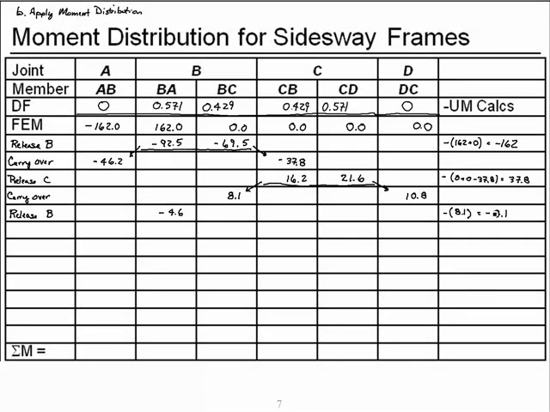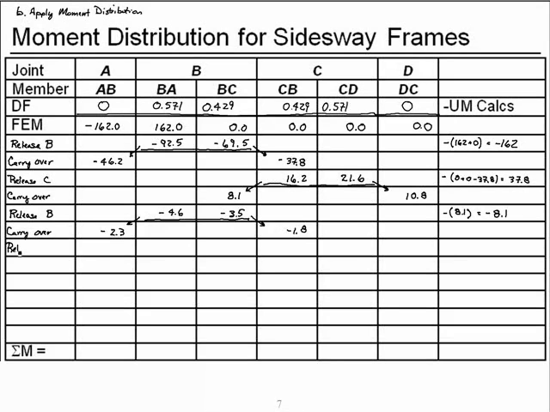I take this moment to distribute times the distribution factor and get a negative 3.5 foot kips. And I'll draw my line here because this node is now in equilibrium. But we do get carryover. And so a negative 2.3 foot kips carries over to node A, and we'll round off to a negative 1.8 foot kips carry over to node C in member BC.